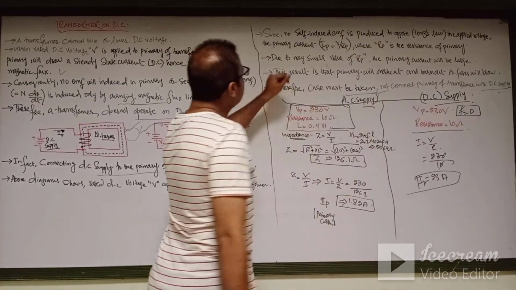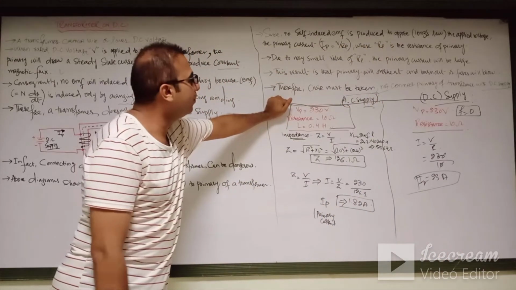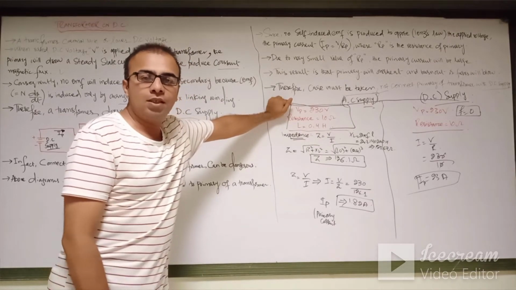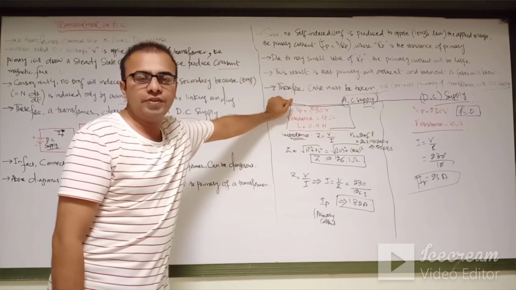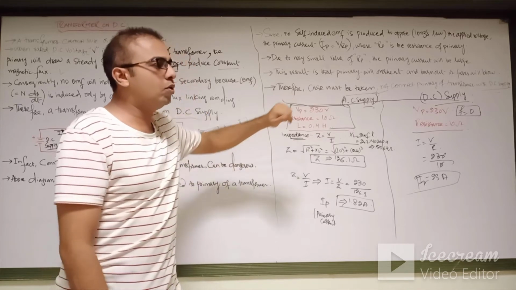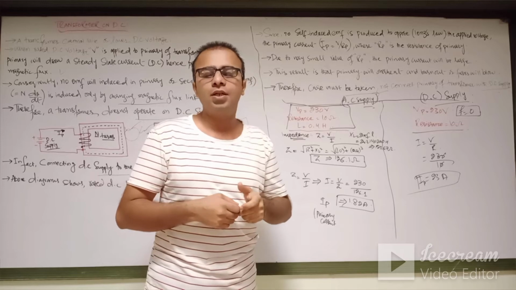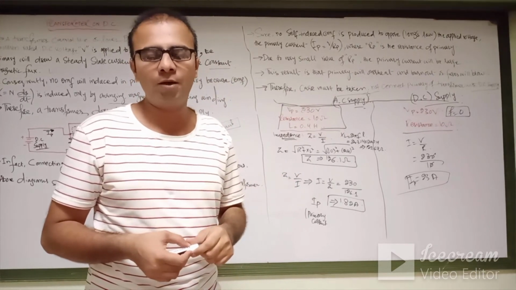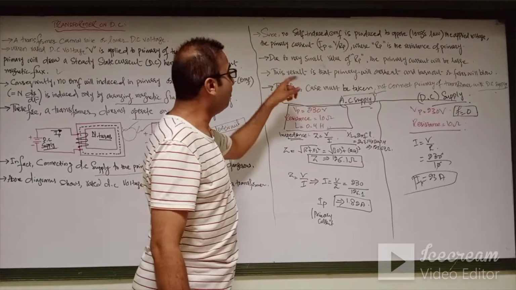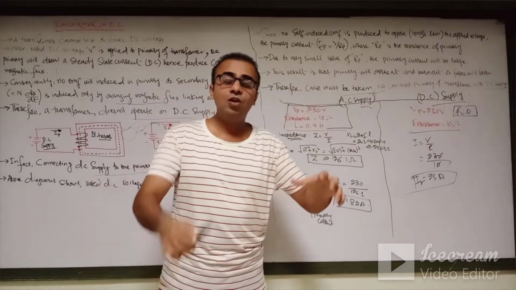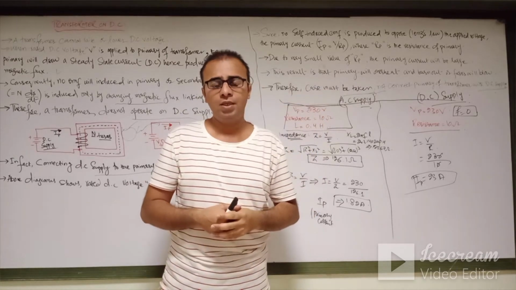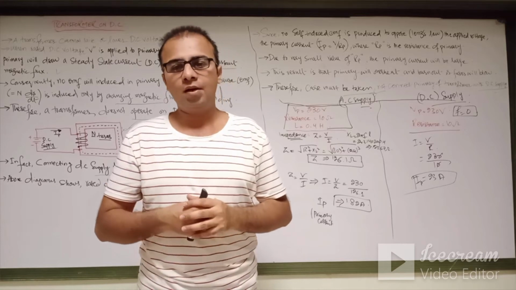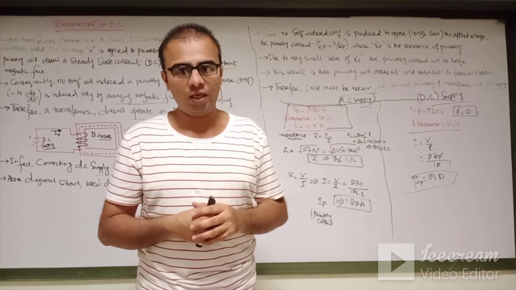Since no induced EMF is produced, and according to Lenz's law the induced EMF opposes the cause which gives rise to it, there will be no opposition from the secondary side of the transformer. So the primary will draw more current, which may overheat the windings, and the transformer primary winding may be burned out.